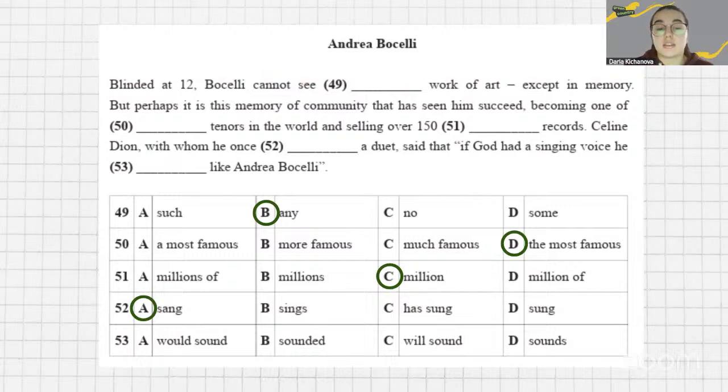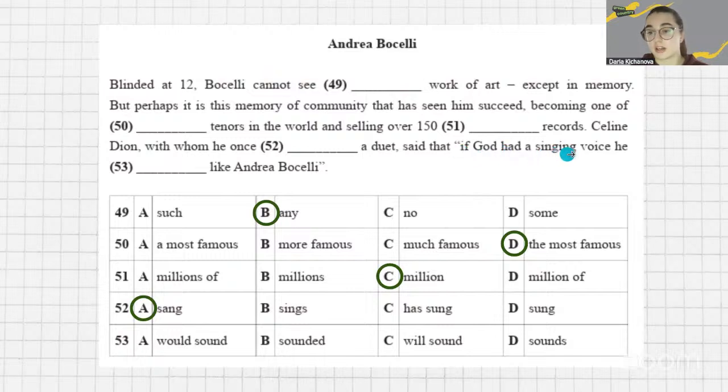And the last one will be would sound, sounded, will sound, and sounds. There, in our context, we can see the word said. So Celine Dion said that, so we can understand that here we use a conditional sentence.